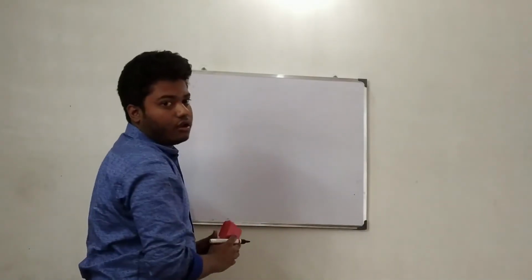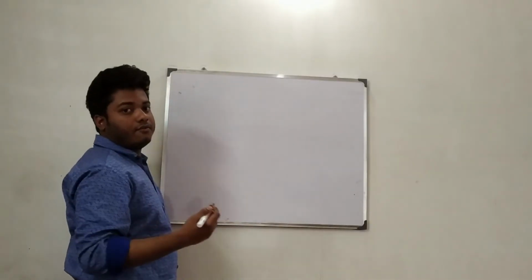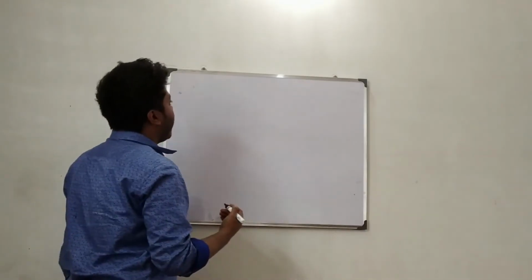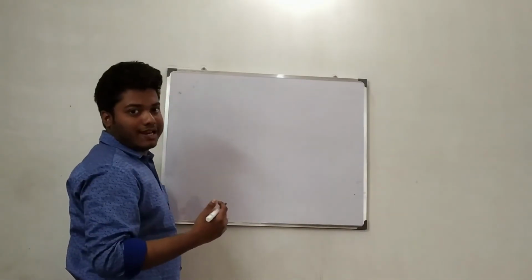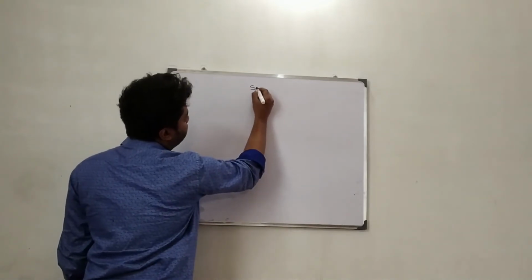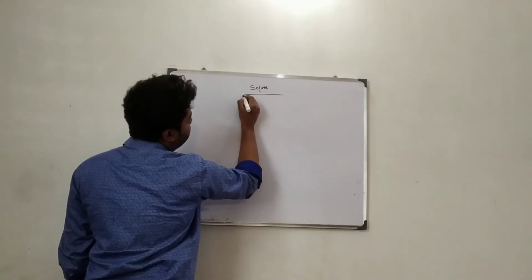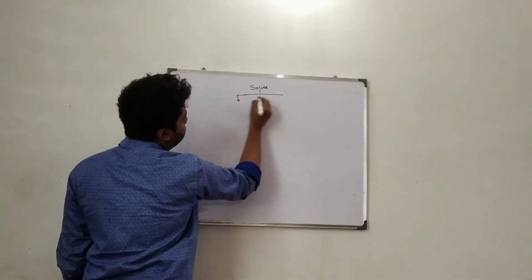Now we stated that compounds of different functional groups can have similar biological activity. That means we can divide solutes into two parts.